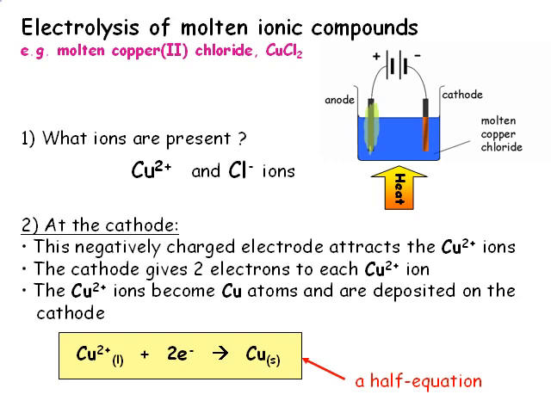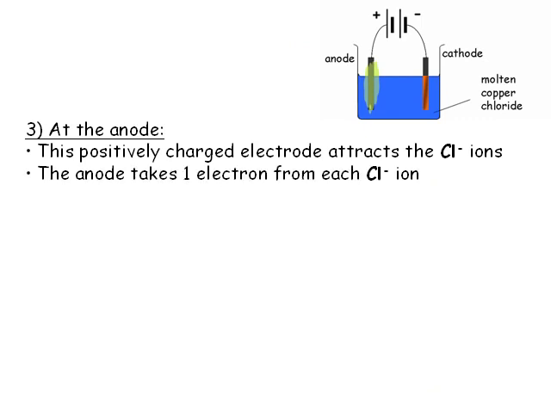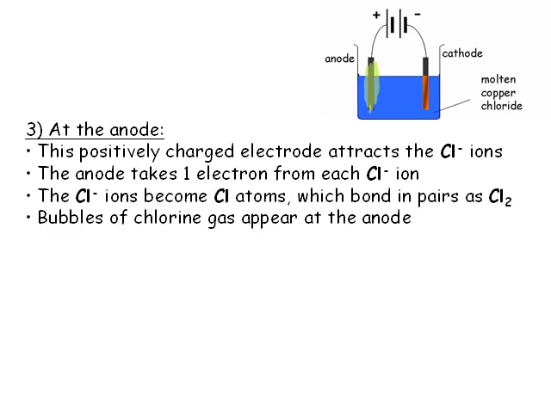We call this a half equation because the other half of the story is what's going on at the other electrode. The positive electrode has attracted the negatively charged chloride ions. Each chloride ion gives up 1 electron to become an uncharged chlorine atom. The chlorine atoms bond in pairs to form molecules of the element chlorine, so we see bubbles of pale green chlorine gas forming at the anode.